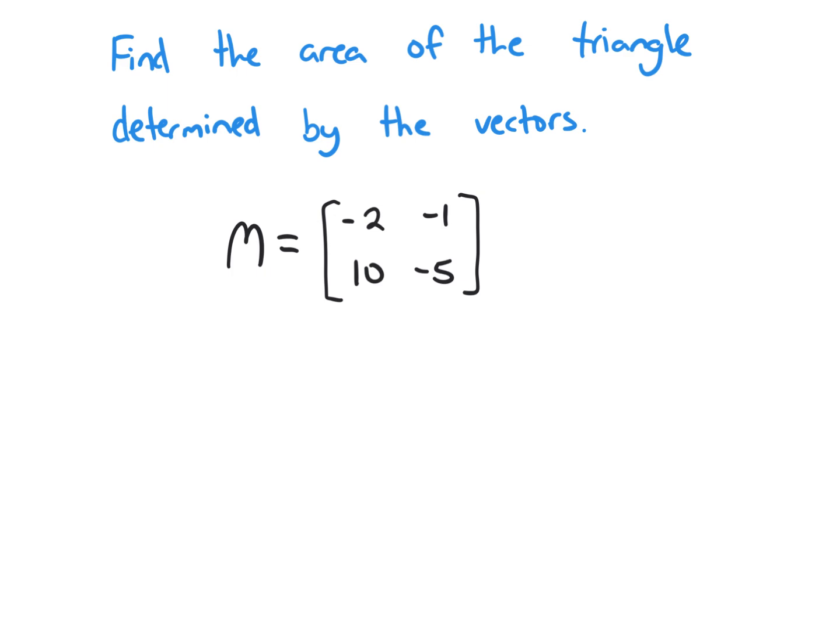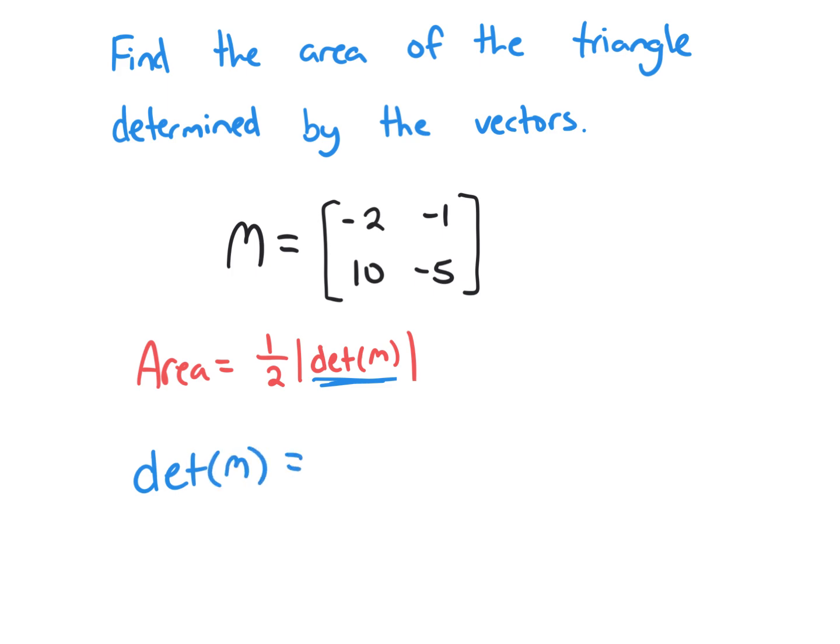Okay. Now from here, I'm going to write that formula again. It says area equals 1/2 times the absolute value of determinant M. In order to find the area, what do I need to find first? I need to find the determinant. We know how to do that, right? So, determinant of M, tell me what I need to do.